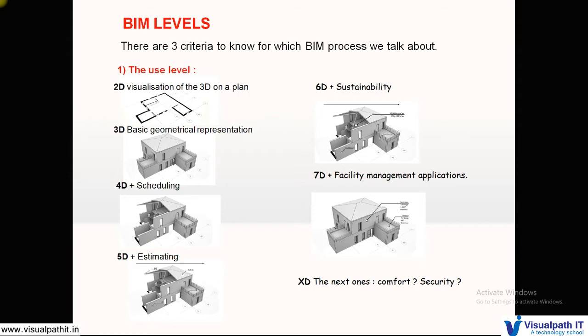Okay, so 2D you might already know from your course, that is AutoCAD, where you do 2D visualization of the plan. Once the 2D is developed into 3D, it's called three-dimensional. What is 4D now? The scheduling.